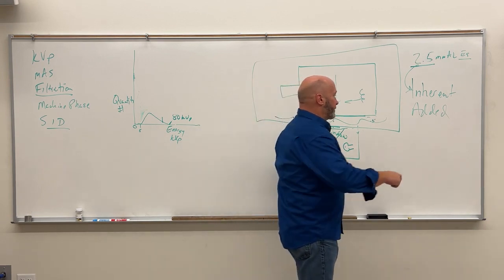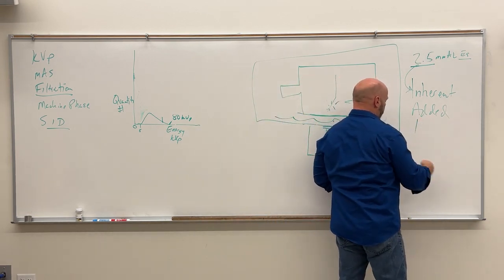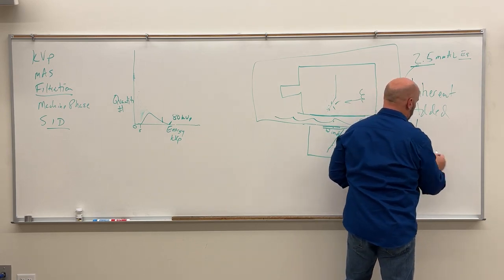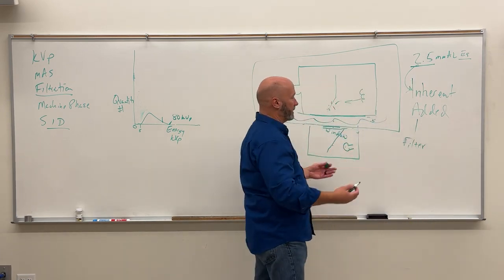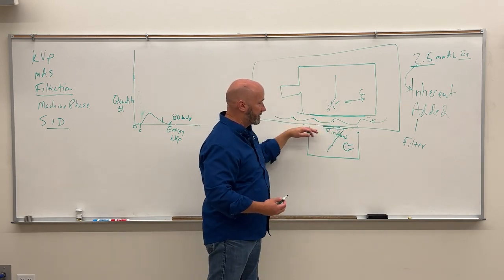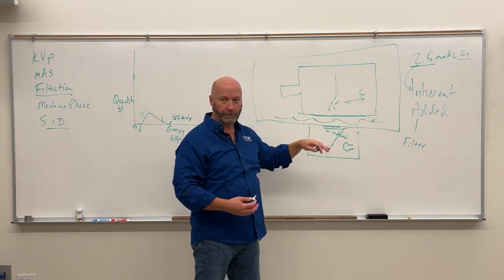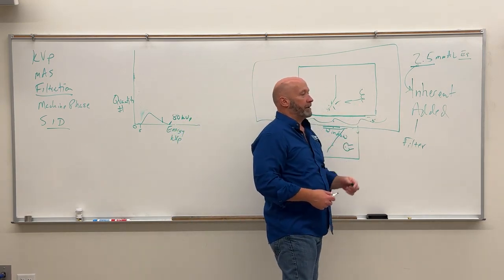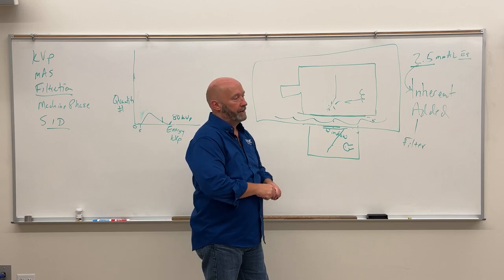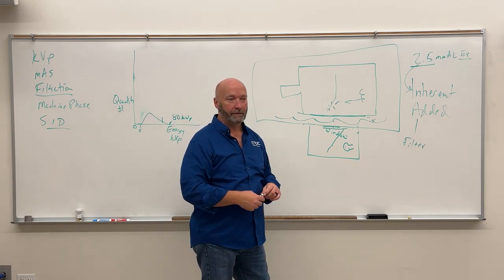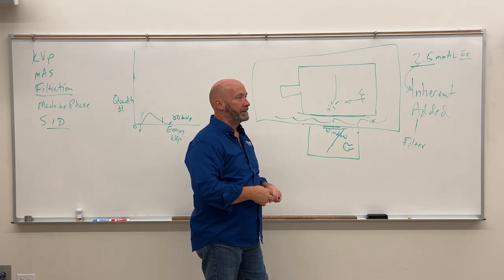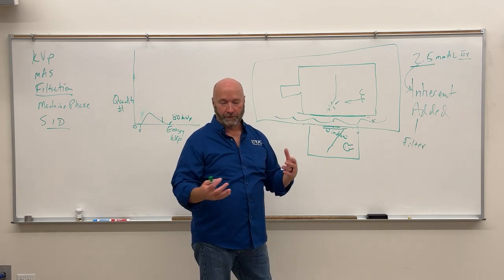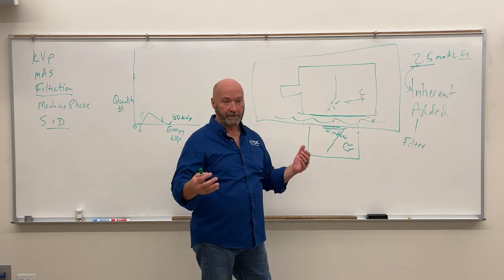And in the added filtration, what we have is just straight up filters, in the same sense as what adding more filtration here would be, okay? So why would we ever want to increase above 2.5 millimeters of aluminum? You're probably never going to do it, right? But possibly something like a mammo application, which you're not going to shoot mammo with your diagnostic x-ray tubes.